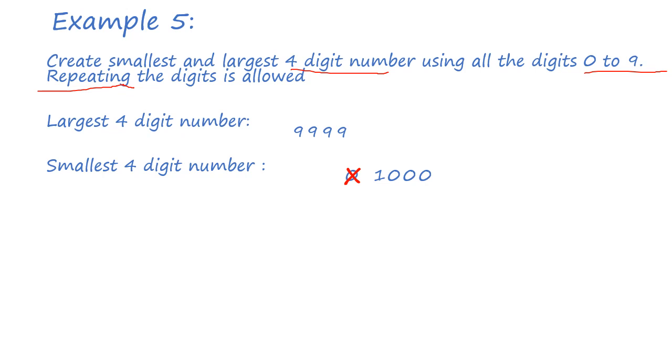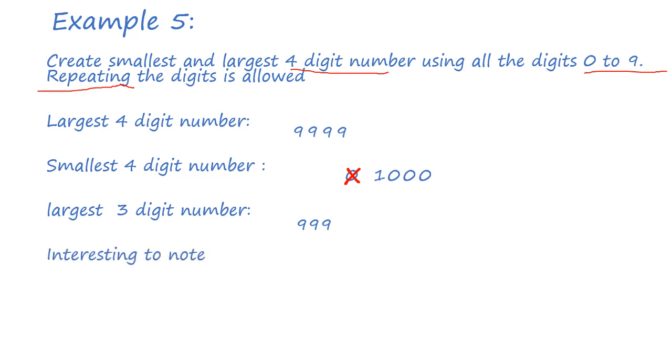So let's say we want to create the largest 3-digit number, and that would be 999. So here is something interesting happening.